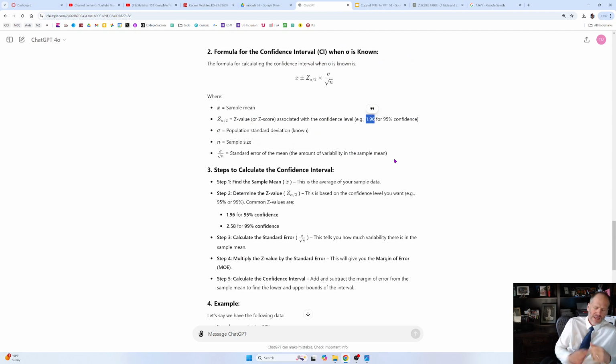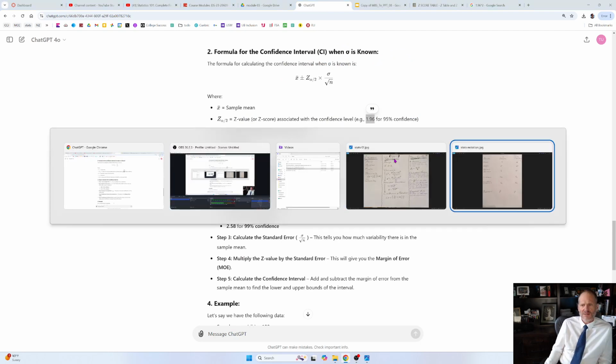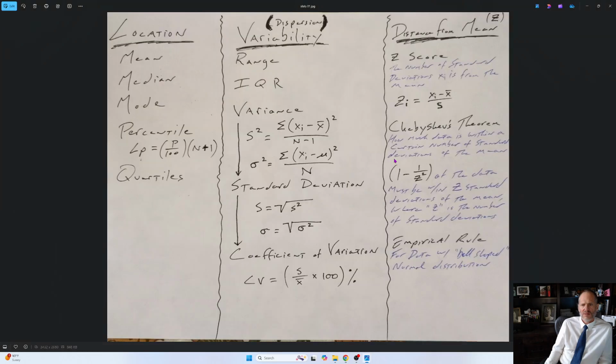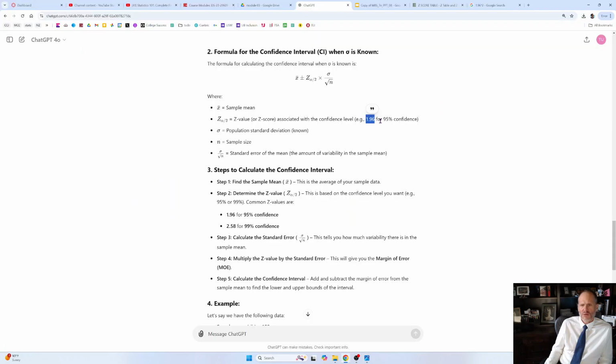What is z? Z is the number of standard deviations from the mean, right? It's like how far is something from the mean, in standard deviations. How many standard deviations is something from the mean? So we're saying at 95% confidence with 5% in our alpha, which means 2.5% in each tail, right?